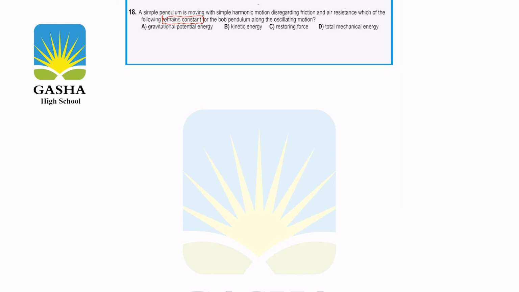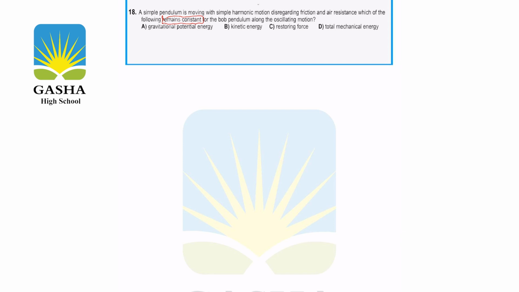The first one is the gravitational potential energy. We already know the gravitational potential energy depends on height, and height during an oscillation changes continuously. So gravitational potential energy doesn't remain constant. At maximum point, it is maximum. At equilibrium position, it is 0.